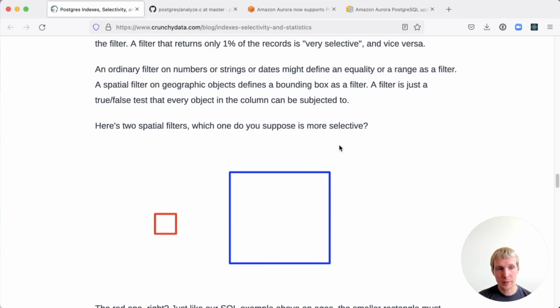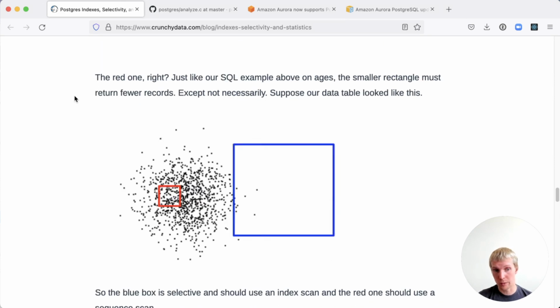We can see two filters here. On the left side, you can see the small red square, and on the right side, the bigger blue square. You might think the small red square is more selective, right? Because it is a smaller area to look for, whereas the blue might be less selective and select more data. Really, that's not necessarily true.